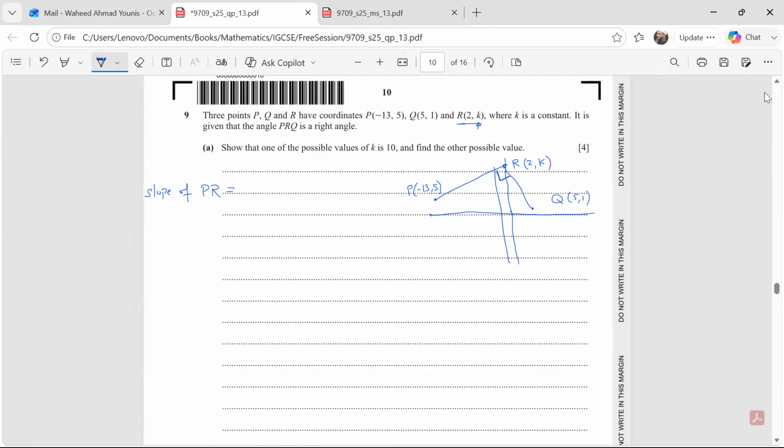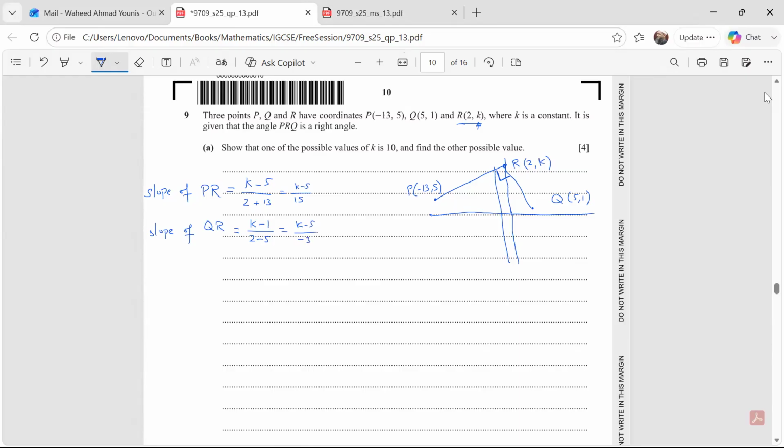How do we find the slope? y2 minus y1 over x2 minus x1. So this is k minus 5 over 15. Similarly, what is the slope of QR? Again the same thing, y2 minus y1 over x2 minus x1, so this is k minus 1 over minus 3.